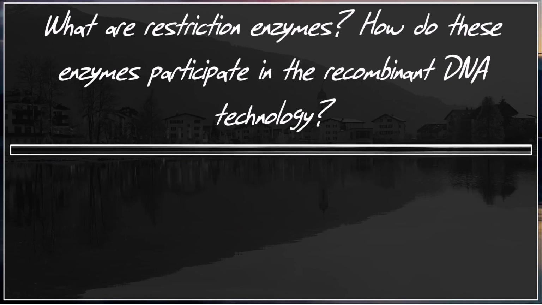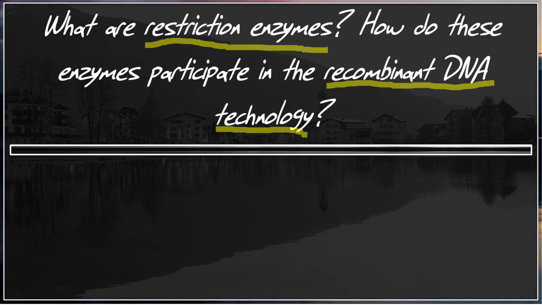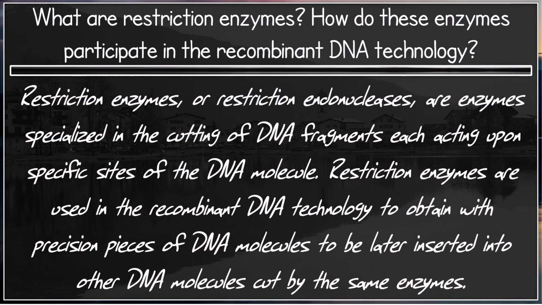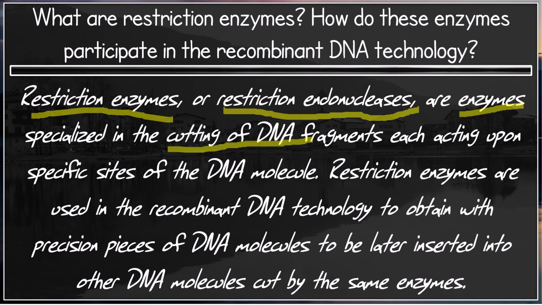What are restriction enzymes? How do these enzymes participate in the recombinant DNA technology? Restriction enzymes, or restriction endonucleases, are enzymes specialized in cutting the DNA fragments, each acting upon a specific site of the DNA molecule.